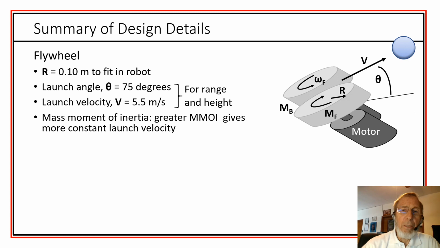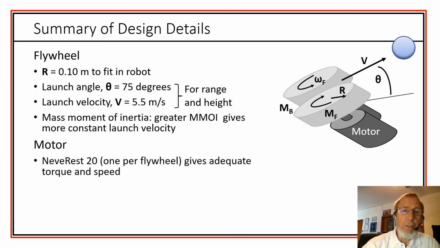We found that a greater value of mass moment of inertia gives a more constant launch velocity. It's going to slow down less with this larger mass moment of inertia, so we're likely to have a more consistent launch velocity of the ball. In terms of the motor, we found that the Neverest 20, assuming we had one per flywheel, does give adequate torque and speed.